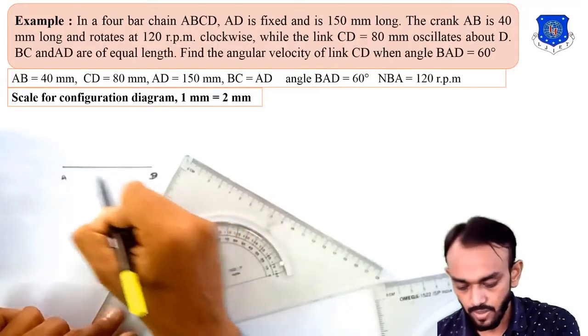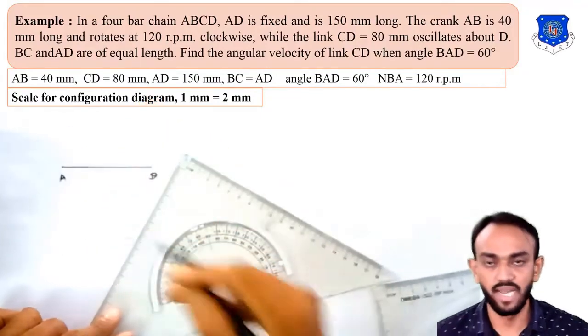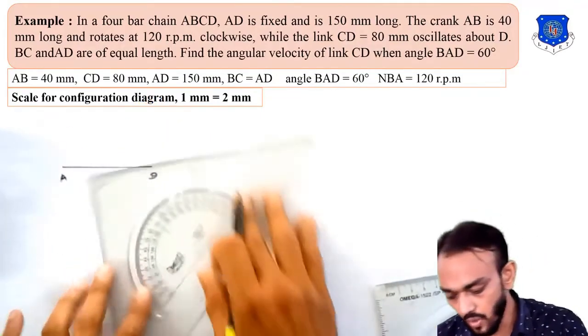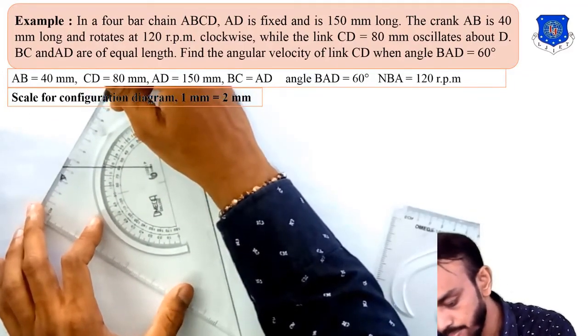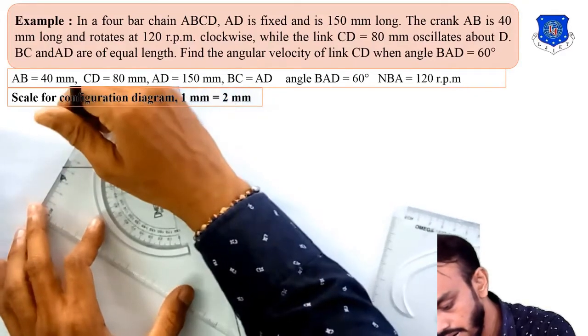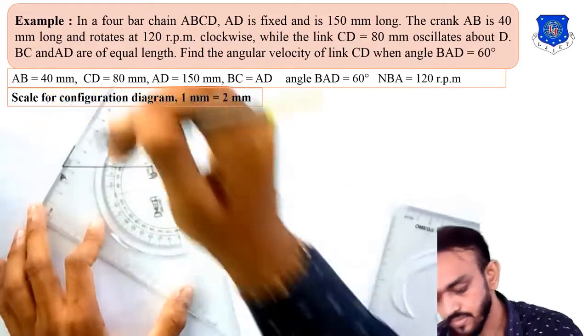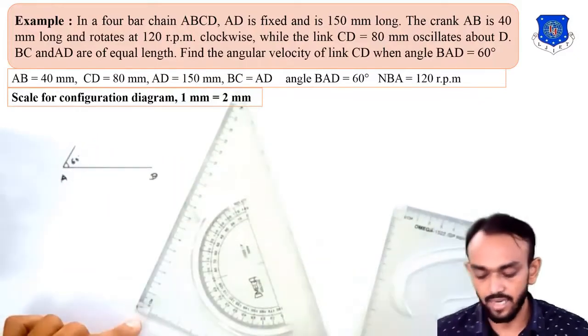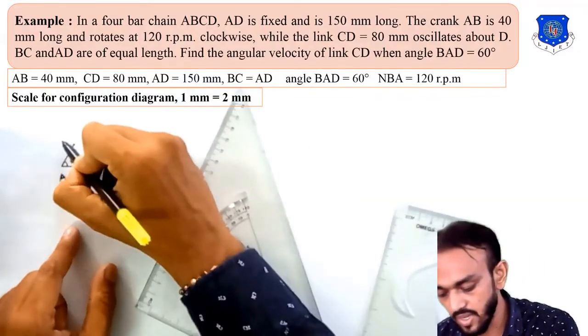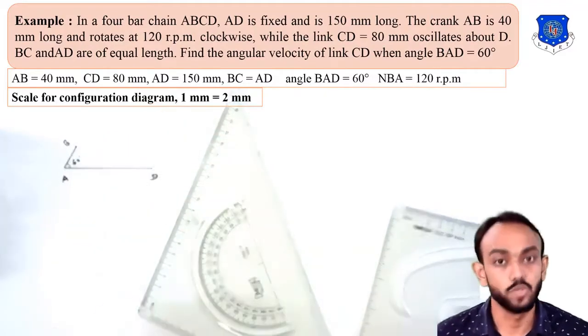Now A to B, length is given 40 mm, but in our drawing, it will be only 2 centimeter. Like this. This is the 60 degree angle, and this length AB is 2 centimeter.